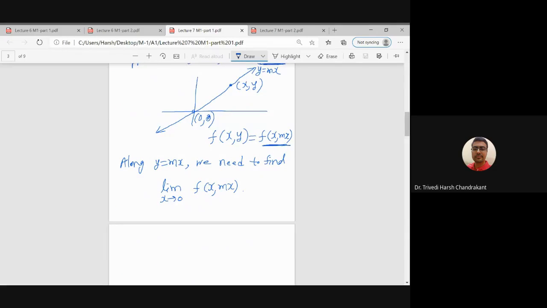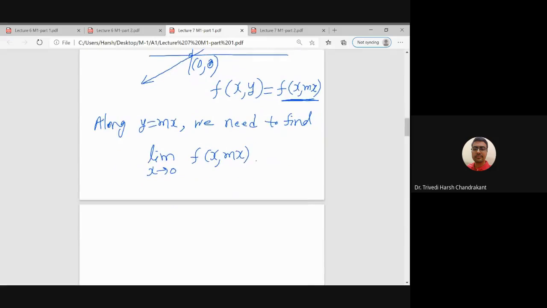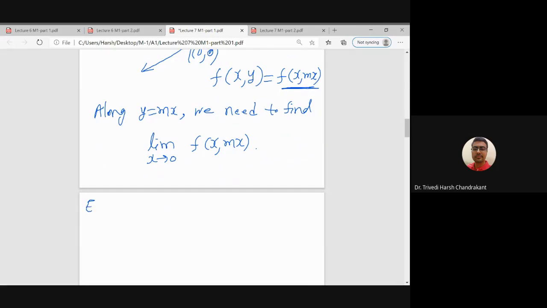So let us see the examples where we can apply these paths. Along all these paths, suppose the value of the limit is the same, then possibly the limit exists, and in that case we will use the epsilon delta definition to prove whether it is actually the limit or not. So that is basically the method.